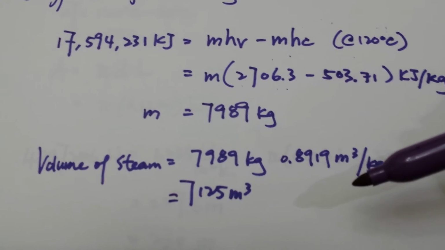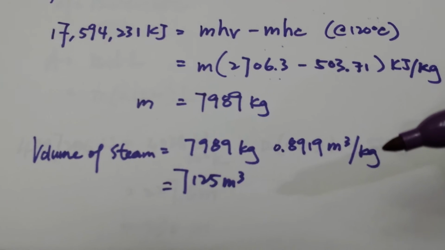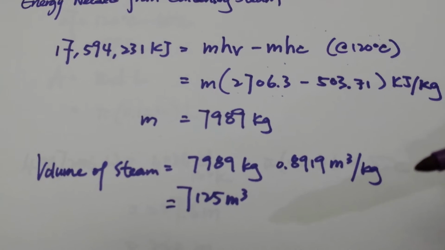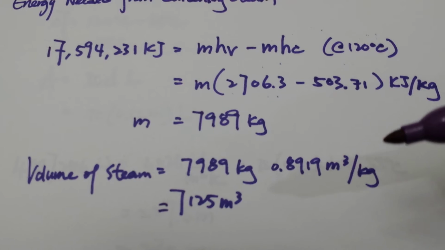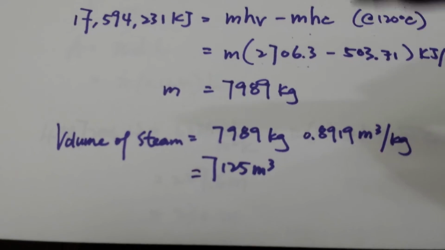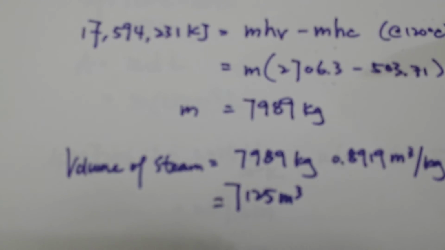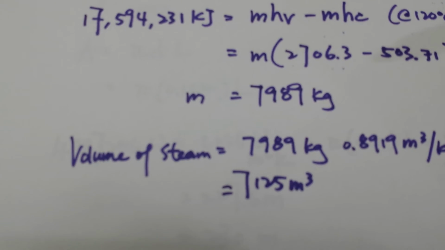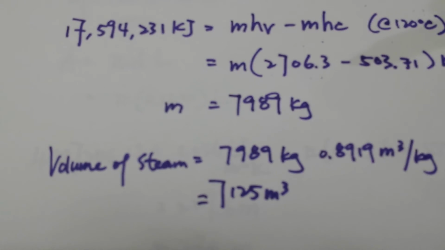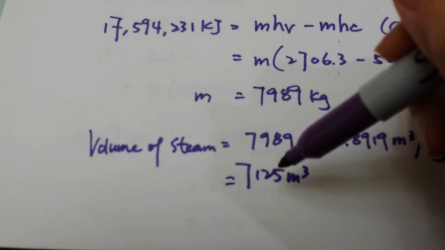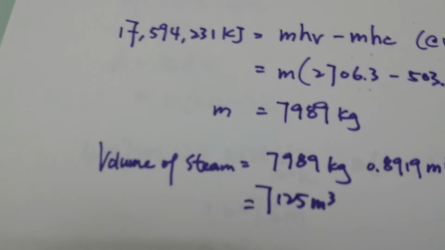On the very same table, you can also find the density of the steam at 120 degrees Celsius. So this is this. I believe if I actually keep track of my significant figures, the final answer should have only 2 significant figures.